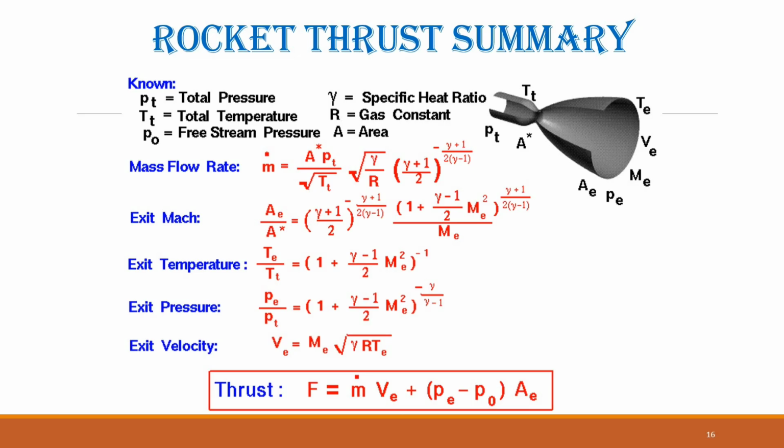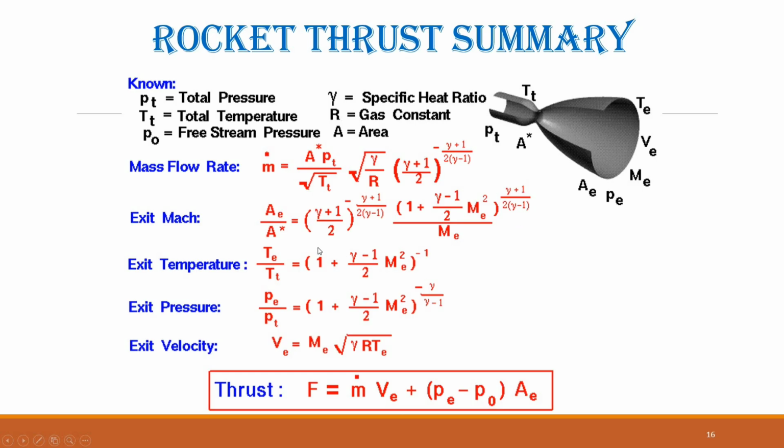Once the mass flow rate is known, the next question is how fast the gas is moving when it leaves the nozzle. To find that, we need the exit Mach number M sub e. The image gives an area-Mach number relation that connects the exit area A sub e to the throat area A star. In formula form, this equation relates the ratio of exit area to throat area to a function of the exit Mach number and the specific heat ratio.